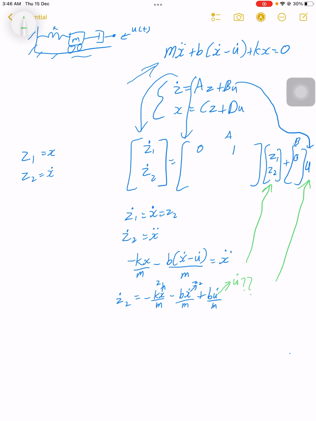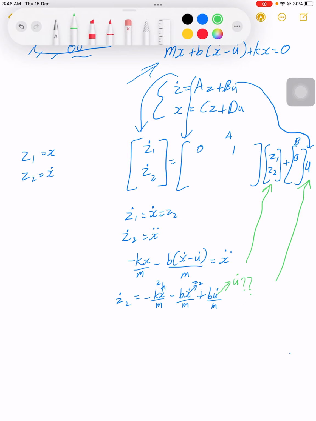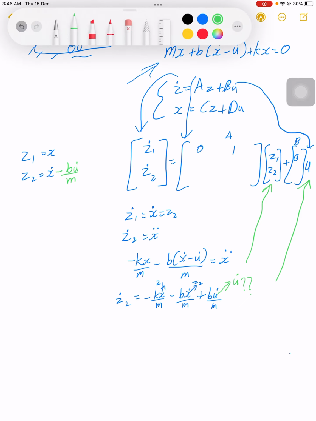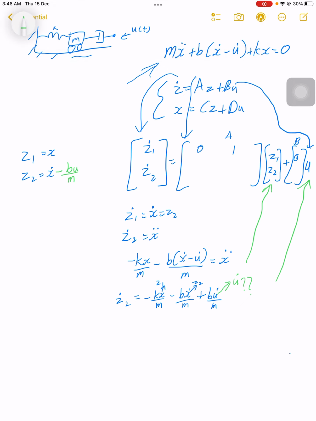So what we can do is, we see here that it's a plus b u dot over m. Because you're facing this problem in z2 dot, you go to the equation for z2 dot, and here you say minus b u dot over m, minus b u over m.